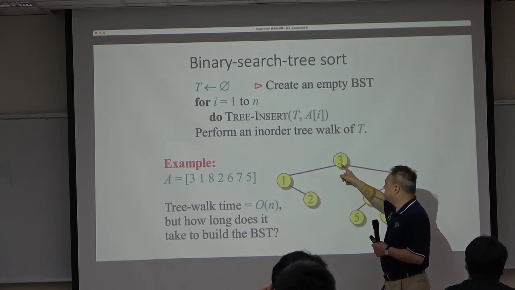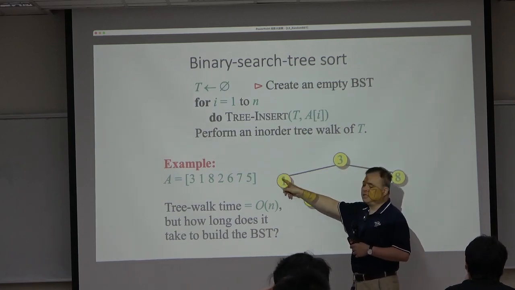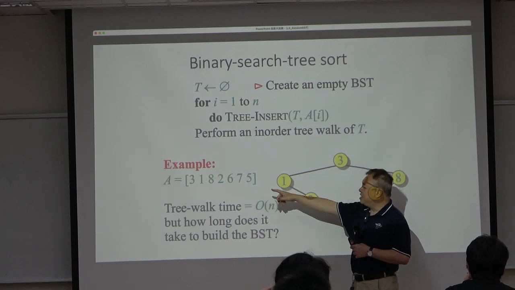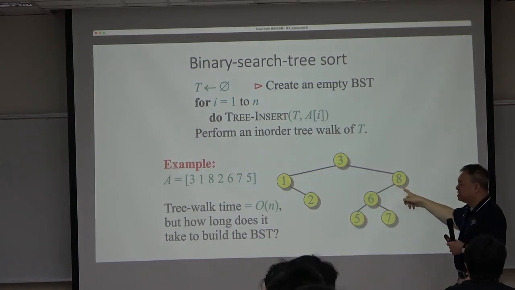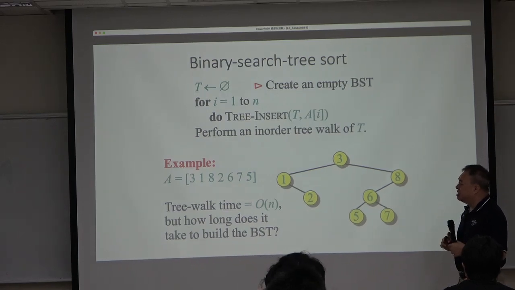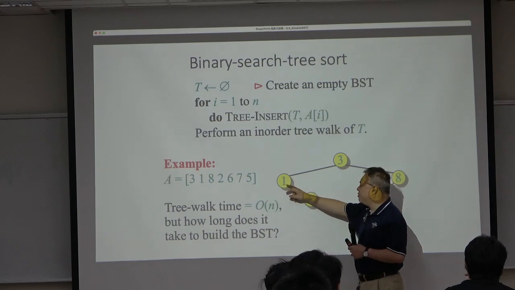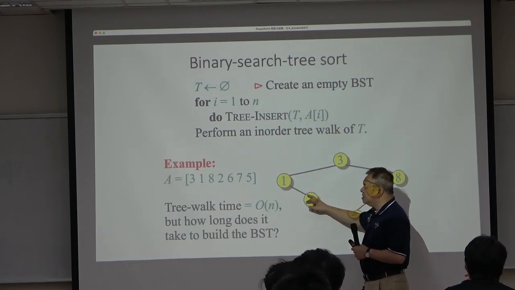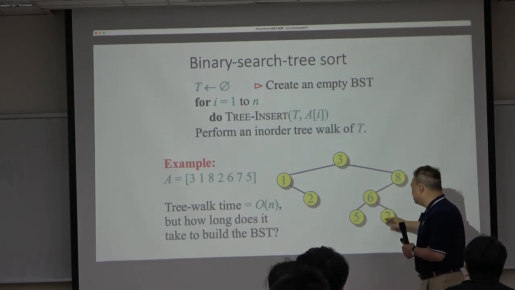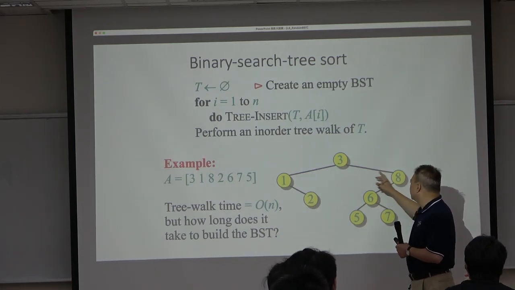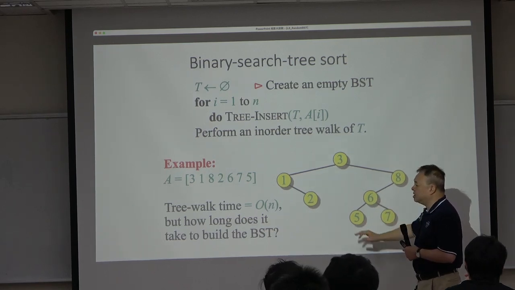Because 1 is smaller than 3, it goes to the left-hand side and stays there. And then 8. Because 8 is greater than 3, it goes to the right-hand side and stays there. And then 2. 2 is smaller than 3 and bigger than 1, so it stays here. And then 6 goes here, and then 7, it's greater than 3, smaller than 8, greater than 6, so it goes here, and so on for the 5.